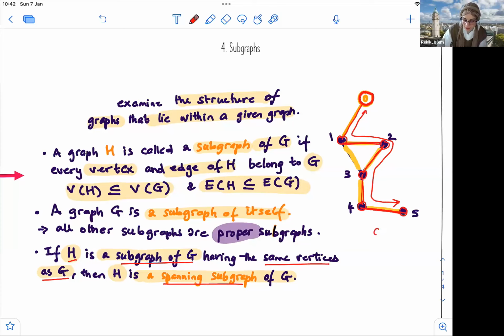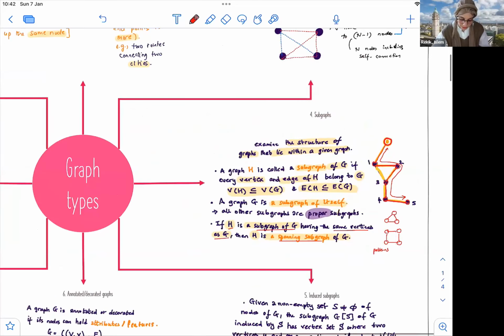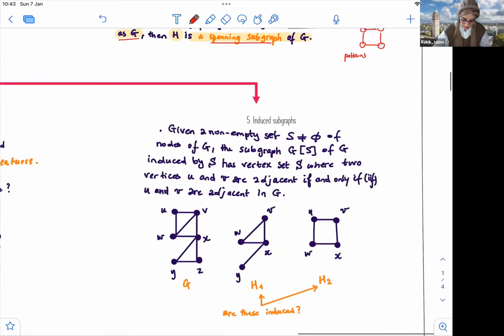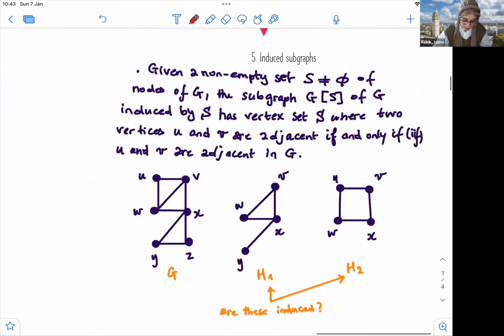For example, you can ask how many triangles or how many squares I have in my graph. These are important questions because they allow us to extract what we call patterns and to read the graphs in different ways. This is just a simple definition of a subgraph, but we will revisit these in future lectures. So, induced subgraphs.